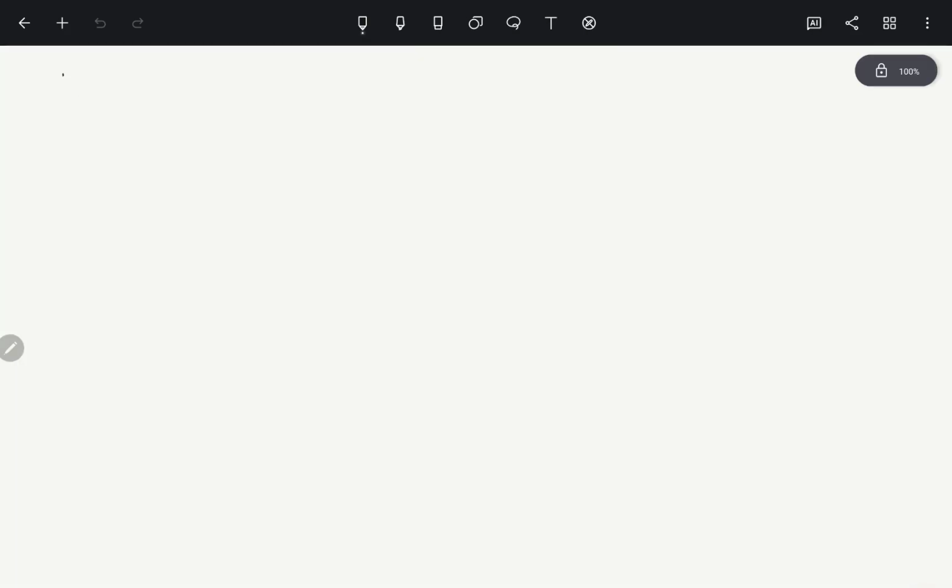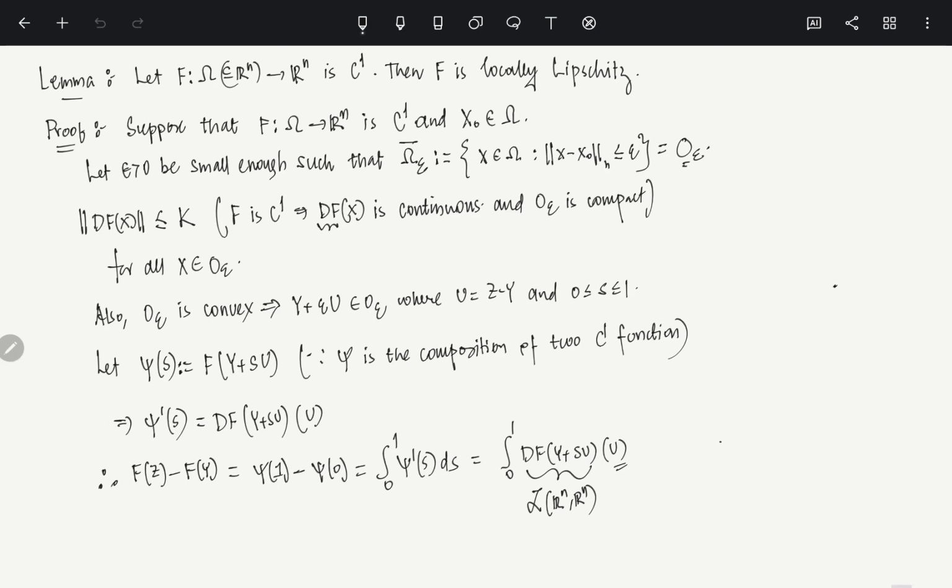If we take the norm of F of z minus F of y, that can always be dominated by the integral from 0 to 1 of a constant times the norm of u ds. Okay, why can we do this? Let's say that I want to show that it is locally Lipschitz, right? So I do not have to look at the whole Omega, but in a neighborhood. And what is the neighborhood? The neighborhood in our case is O epsilon.